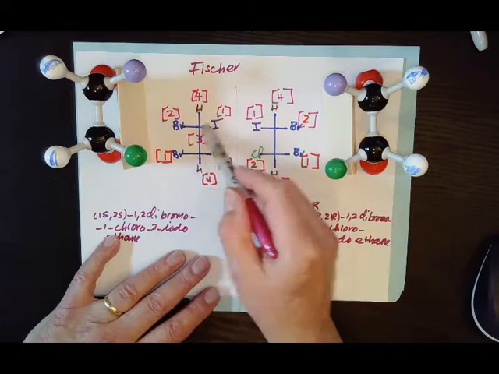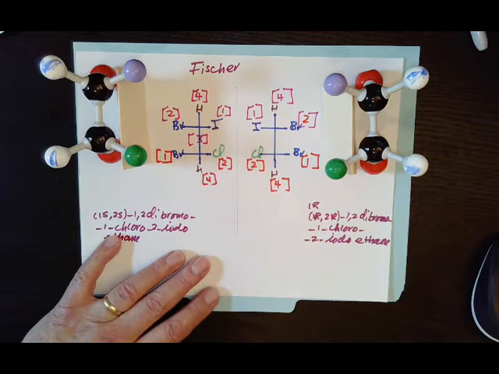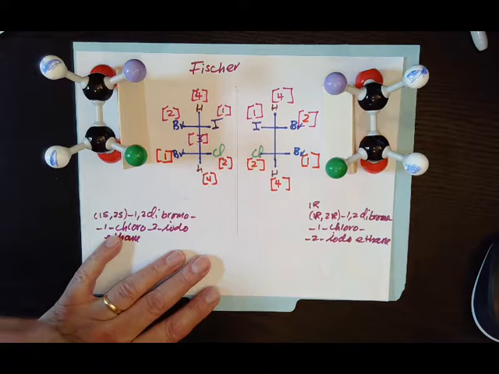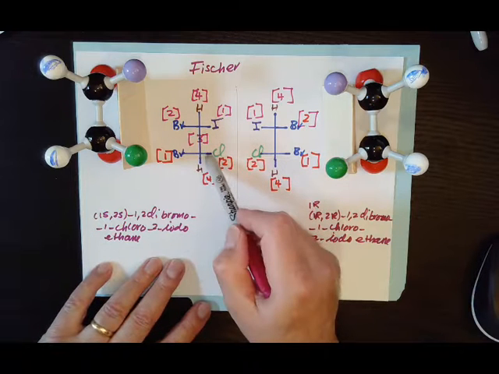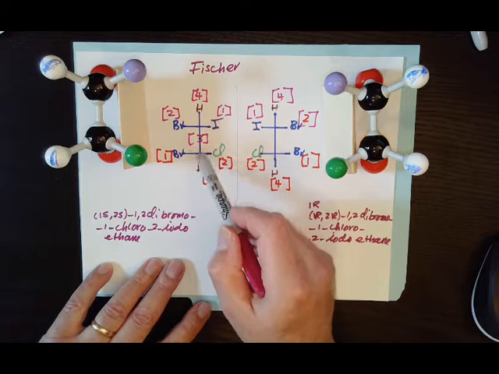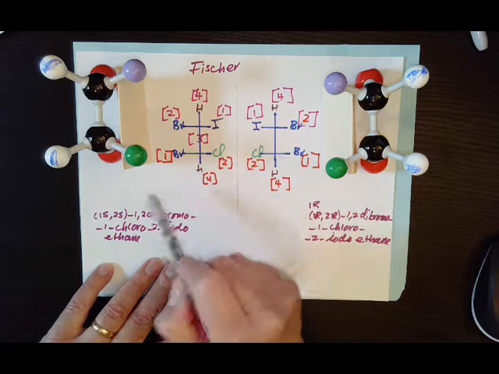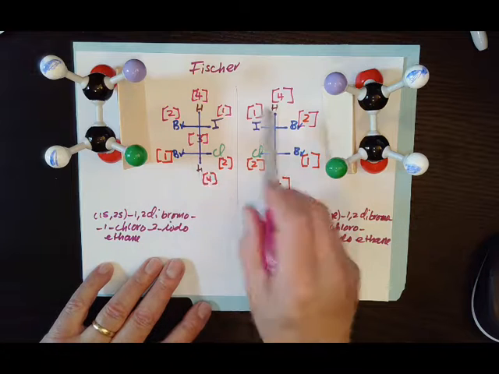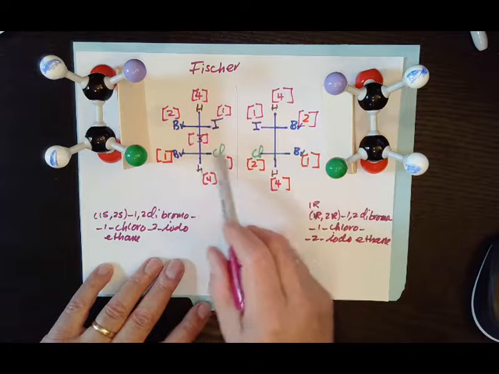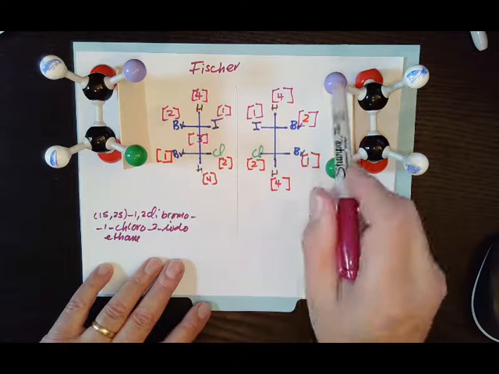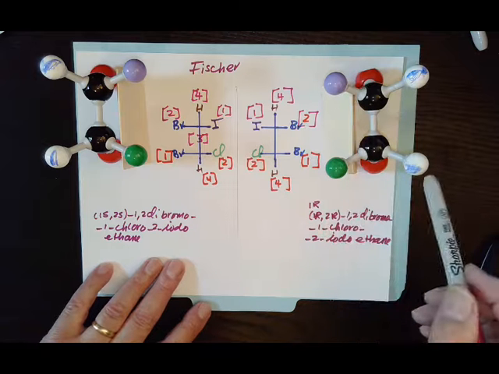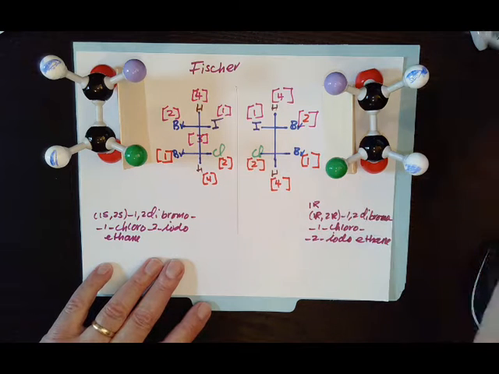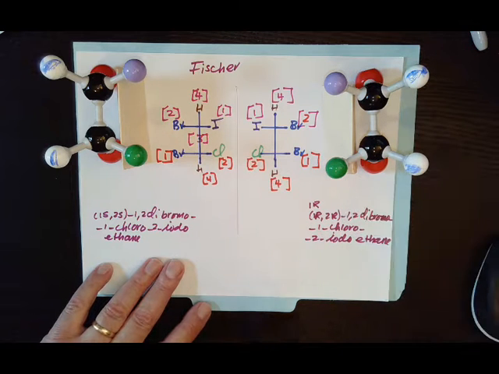So all of these 4 bonds are coming toward us, so there is not a dash or wedge. We understand that these 4 bonds are coming toward us and these 2 bonds are going away from us. Same thing for the mirror image. If you look at the mirror image Fischer projection, also the I and bromo, chloro and bromo are coming toward us, and the 2 hydrogens are going away from us.